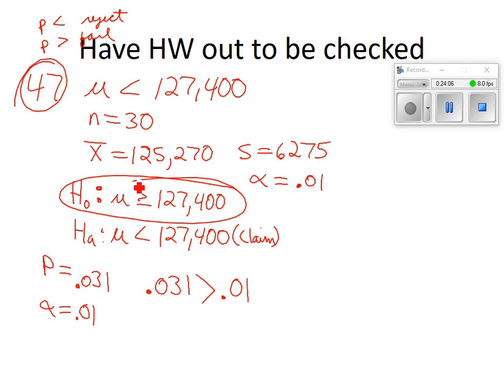Now, what if we would have used a 5% instead of a 1%? Then we could have rejected the claim, and that would have said, hey, we're right.